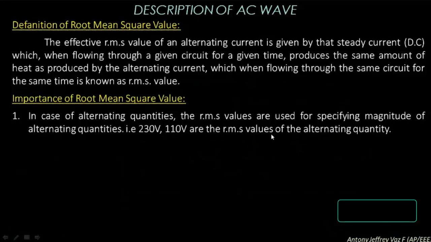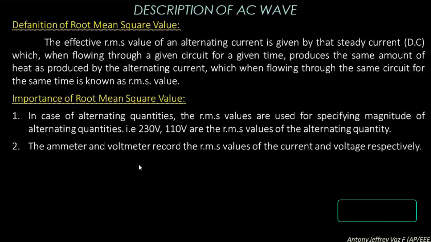If you consider the ratings of AC appliances, in the nameplate details they mention 230 volt or 110 volt. So the value shown in the nameplate details is the RMS value. If an appliance is rated for a voltage, then the voltage rating is given in RMS value.